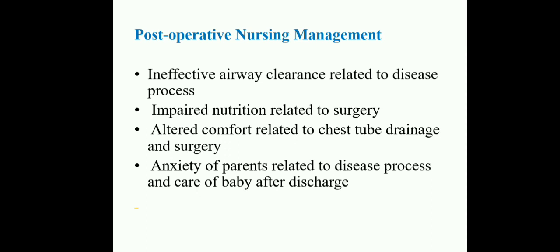After finishing the end-to-end anastomosis, they will keep the drainage tube at the right side below the right hand, so drainage management is also needed for these babies. Post-operatively, there is also anxiety of the parents related to the disease process and care of the baby after discharge. This is about the post-operative nursing management. Are all of you clear?